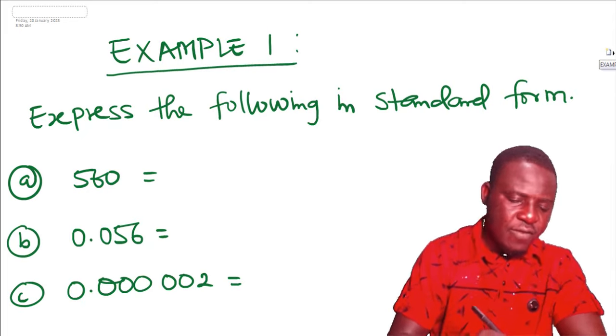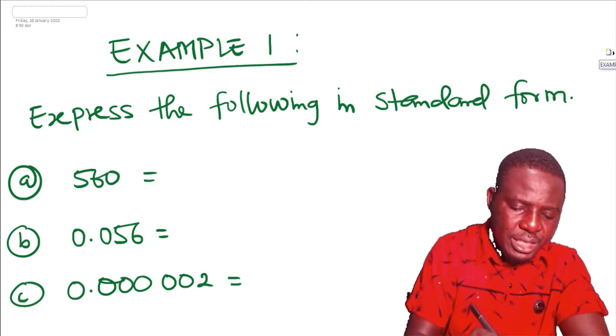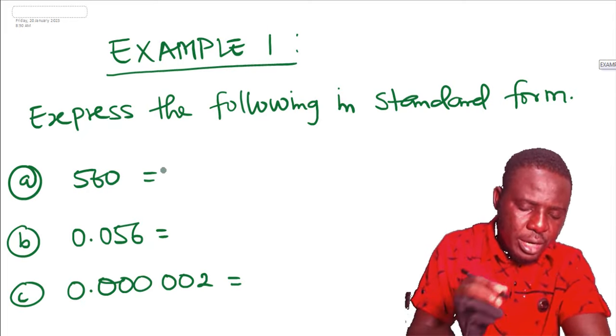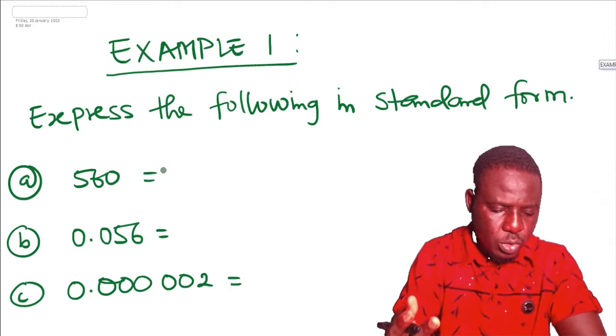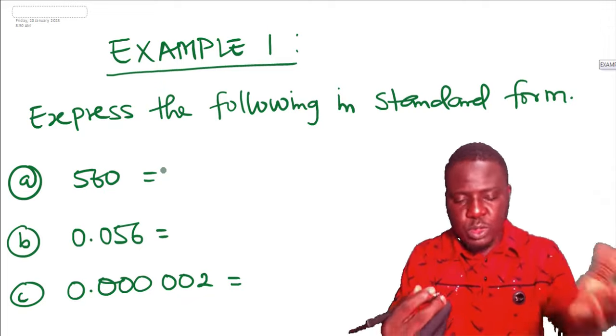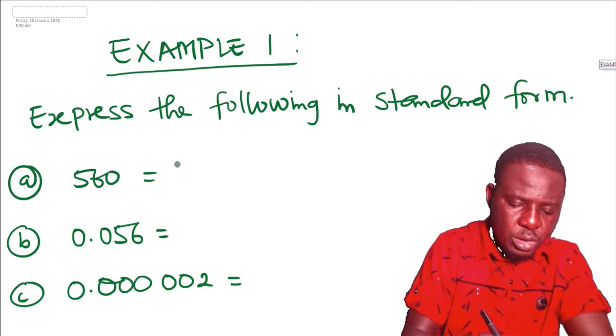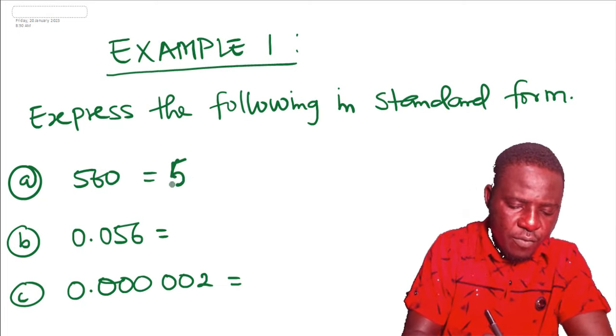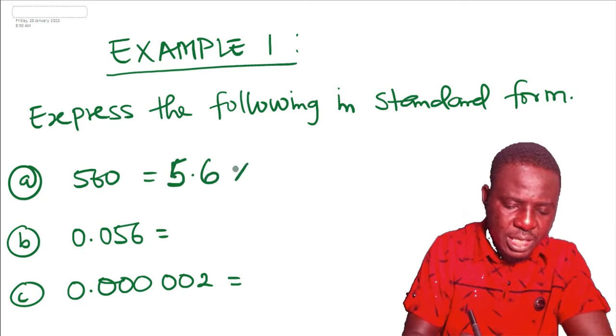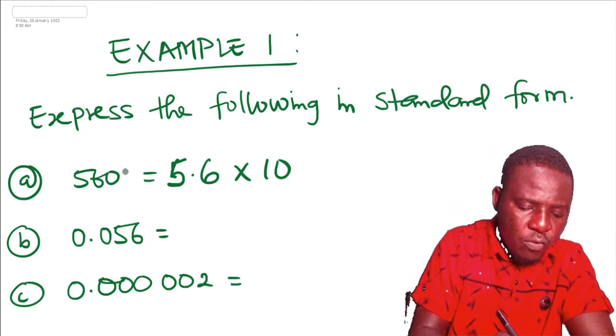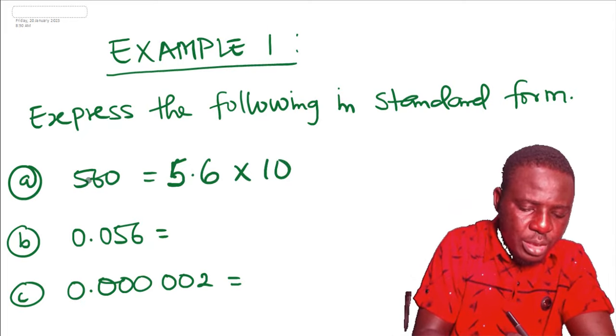A, 560. 560 can be written as, okay, let's use the second method I gave you, or we are going to use both methods. So this becomes 5.6 times 10 raised to the power of, how many times do we move the decimal point?